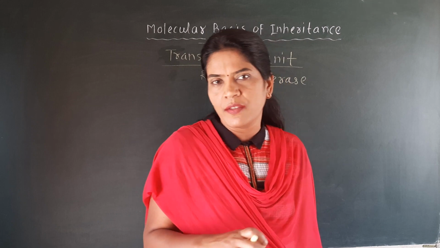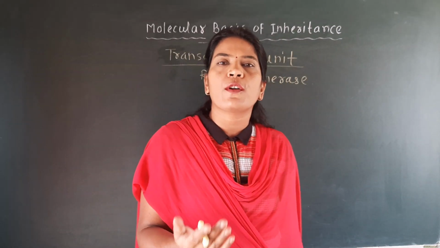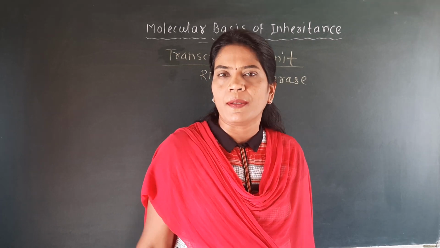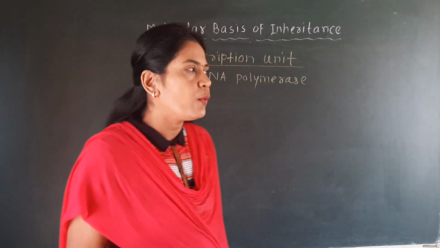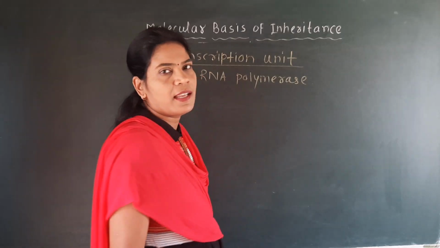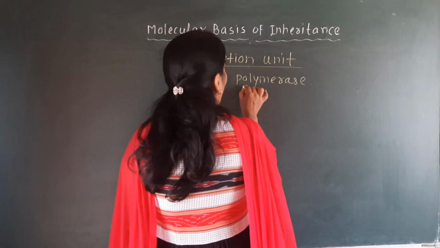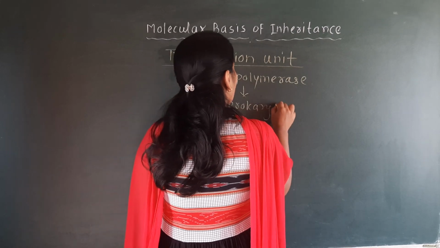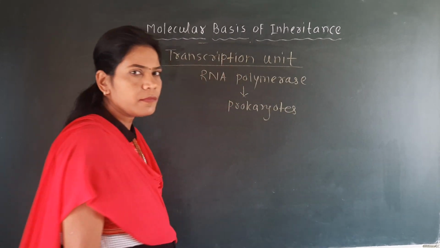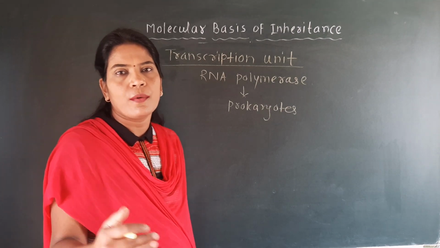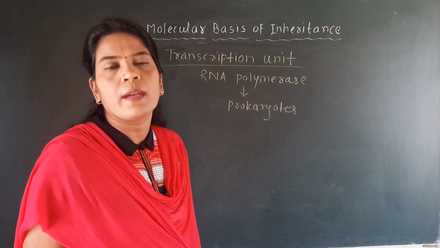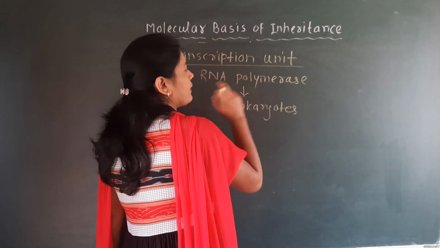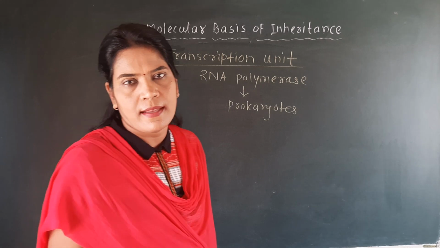But the major difference of this enzyme in prokaryotes and eukaryotes is that in prokaryotes only one RNA polymerase is there for the synthesis of protein, or we say for the transcription process. This RNA polymerase carries out the transcription in prokaryotes using only one enzyme, the RNA polymerase enzyme.